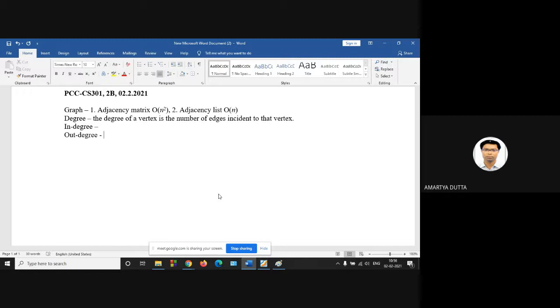Okay, and there is a relationship between the number of edges and the degrees.